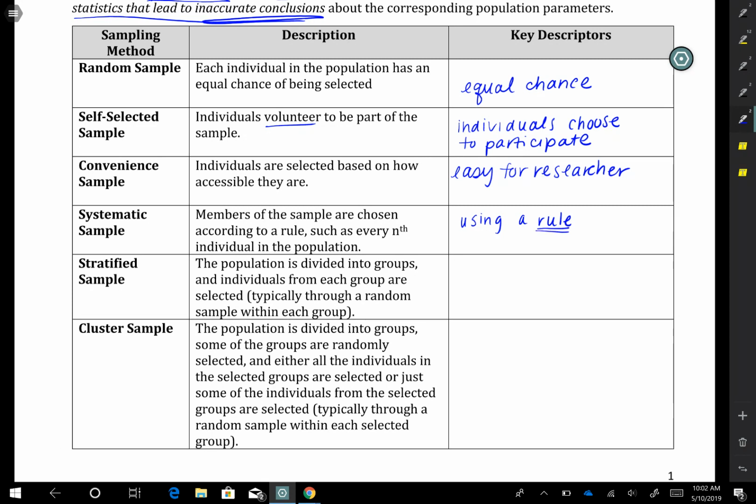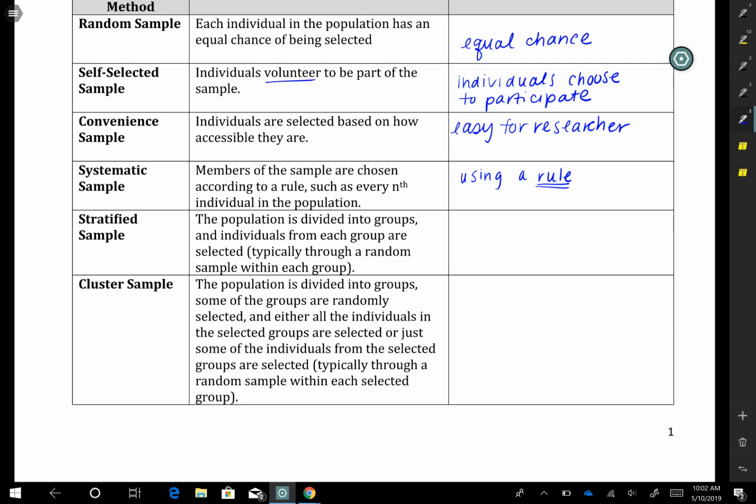Okay, stratified and cluster are two types that both involve groups. A stratified sample is when the population is divided into groups and individuals from each group are selected, usually randomly. So I'm going to say divided into groups.